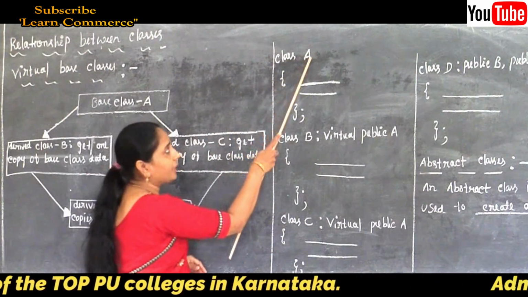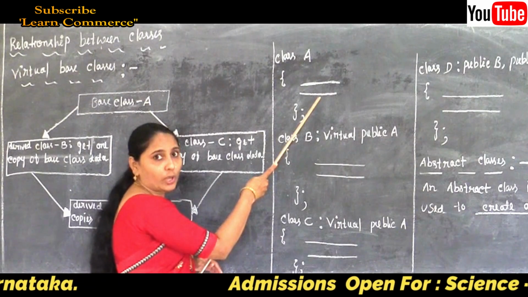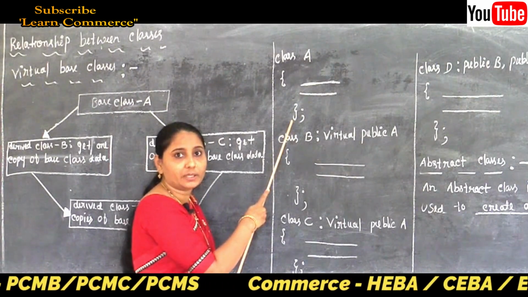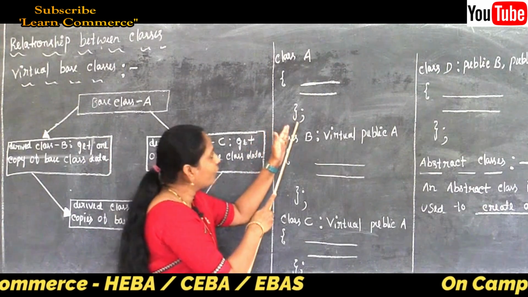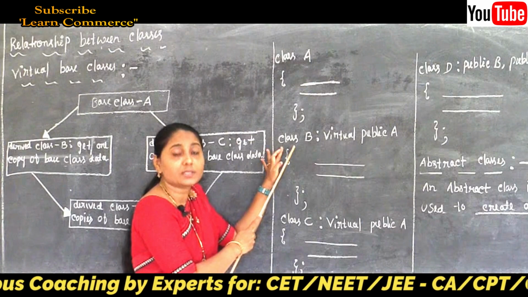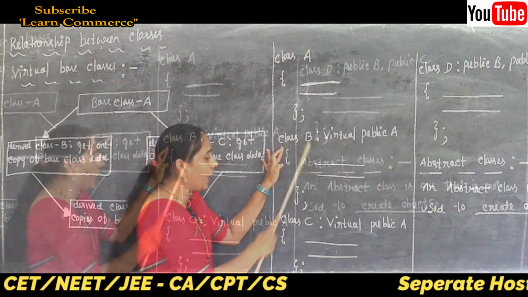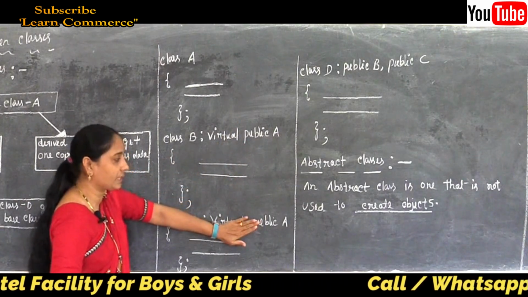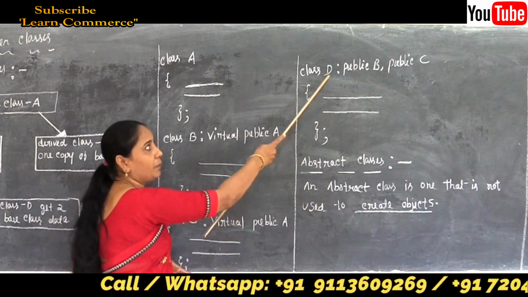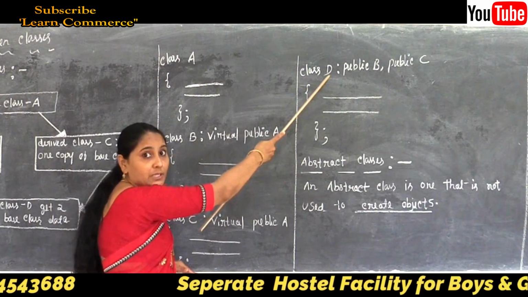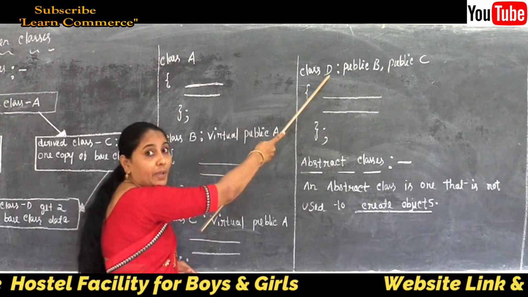So class A here, with some code, and we know that each class is terminated with a semicolon. Using the base class A, we constructed two more classes, B and C. Also using B and C, we constructed the last class, named D. That means class D will get two copies of the base class data.